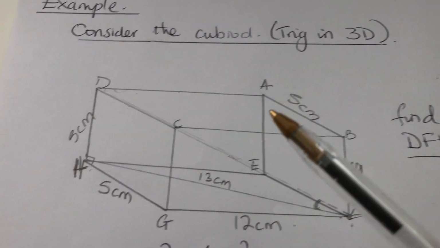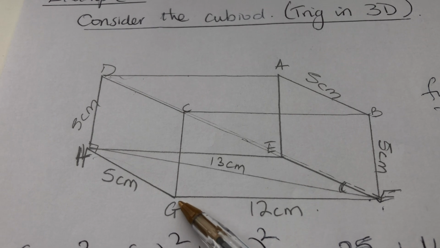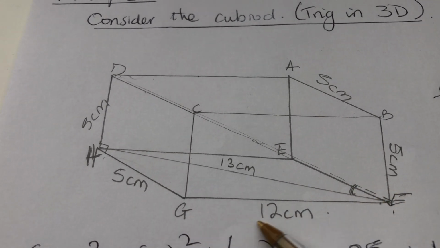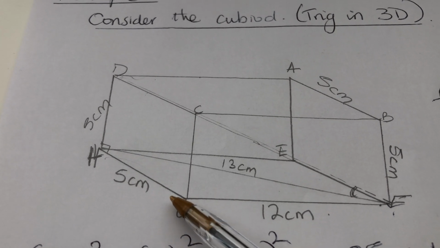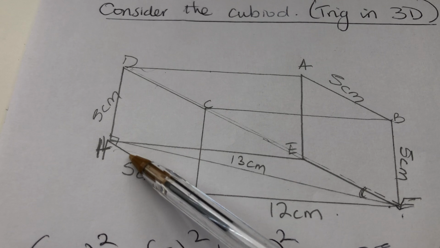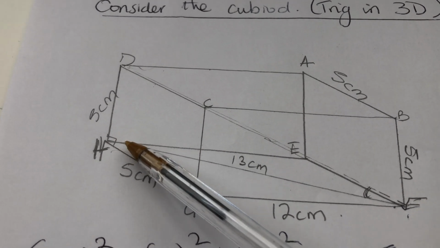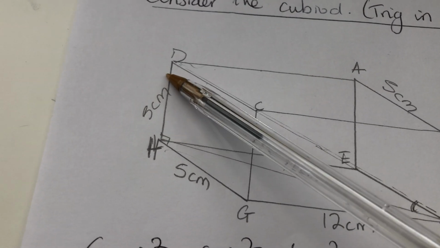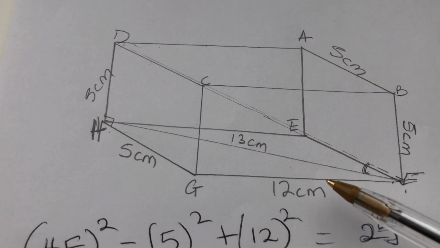Keep on looking. Here I know what they've given me: the length of the cuboid is 12, the width is 5, and this one here is also 5.